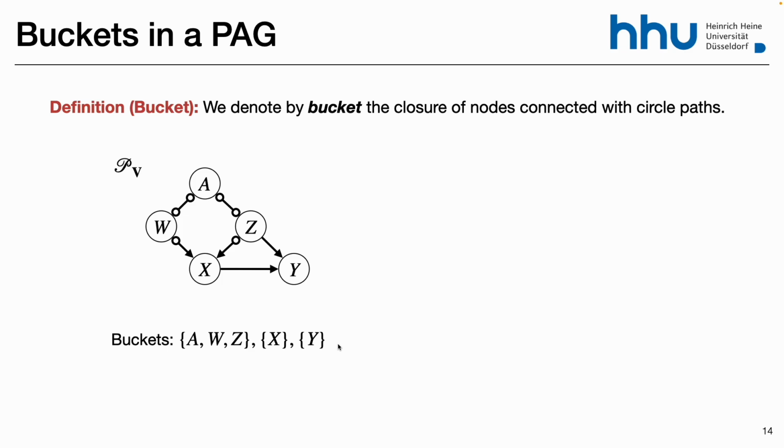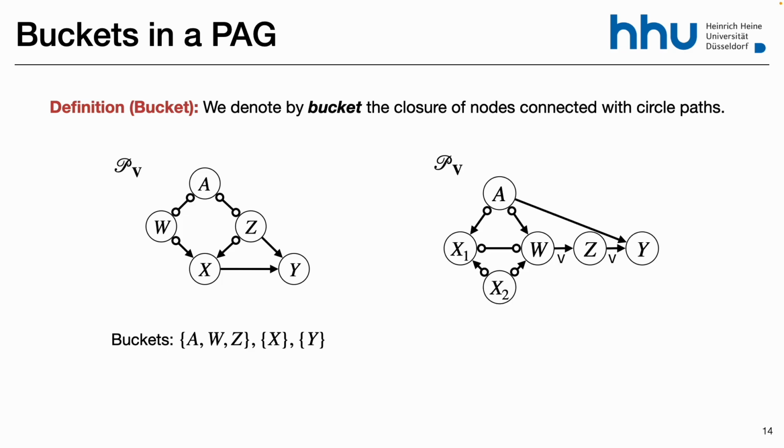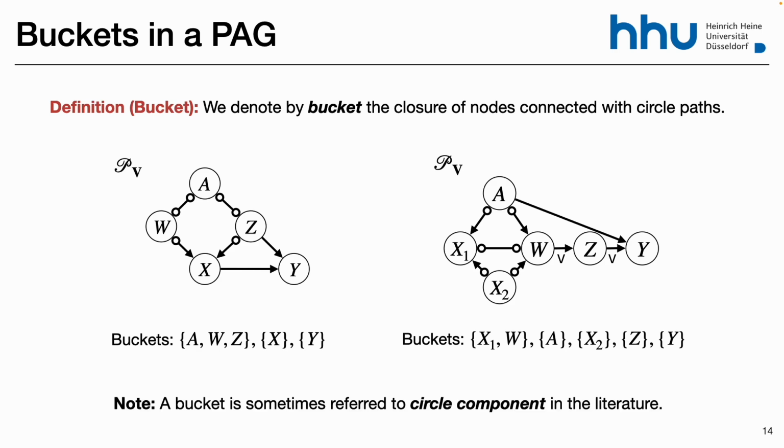Okay. What about this one? Only x1 and w. Right. So that's the list of buckets. We have x1 and w together, but the others are all alone. In some papers, instead of calling this a bucket, they call it a circle component. It's just for you to know.